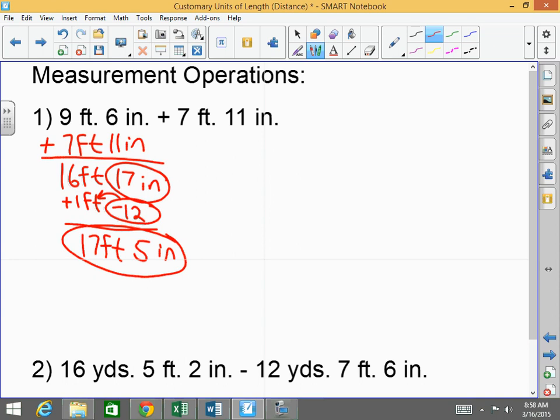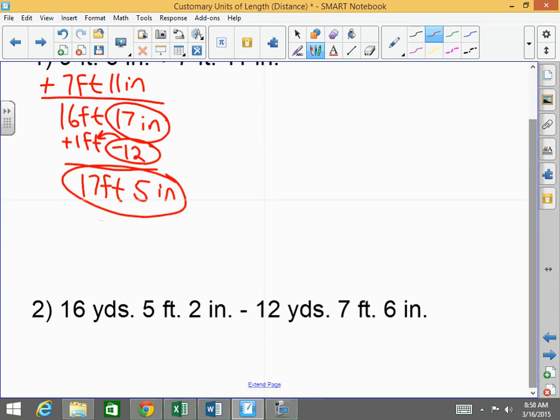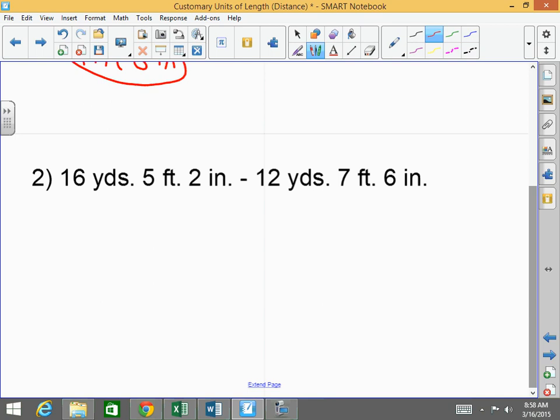Okay. Number 2. When we're subtracting, it's very similar, except sometimes we have to borrow to make it work. So I've got 16 yards, 5 feet, 2 inches, minus 12 yards, 7 feet, 6 inches. Okay. Here's where the problem comes, guys.